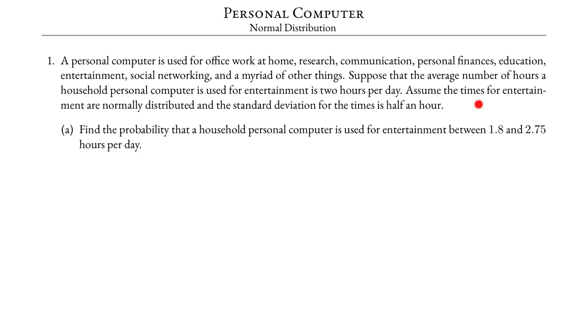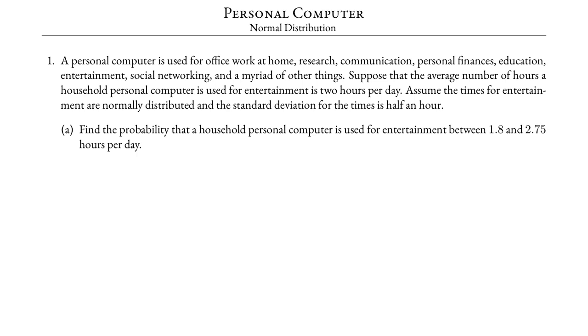Assume the times for entertainment are normally distributed and the standard deviation for the time is half an hour. Find the probability that a household's personal computer is used for entertainment between 1.8 and 2.75 hours per day.